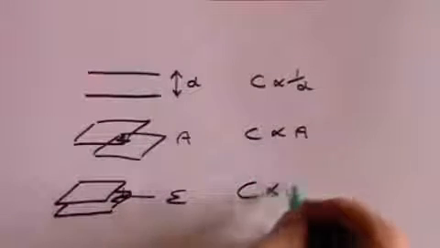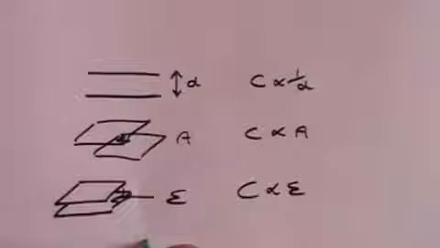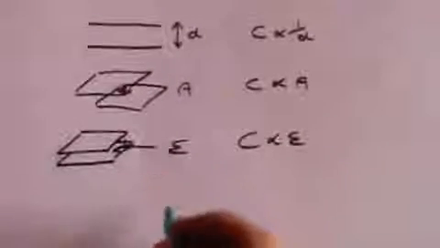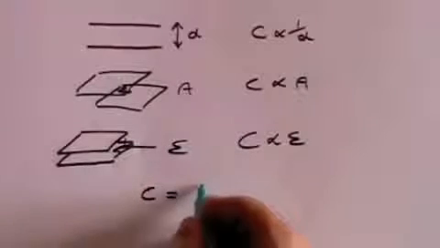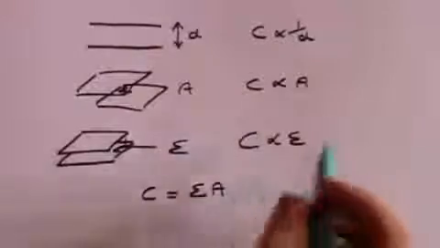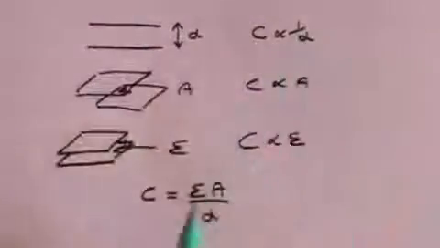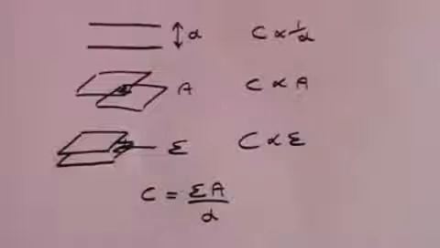So C is proportional to epsilon. From that we drew the overall conclusion that the capacitance equals epsilon, the dielectric, times area, the area of overlap, divided by d, the distance between the plates.